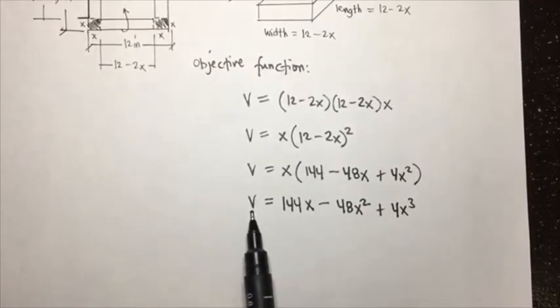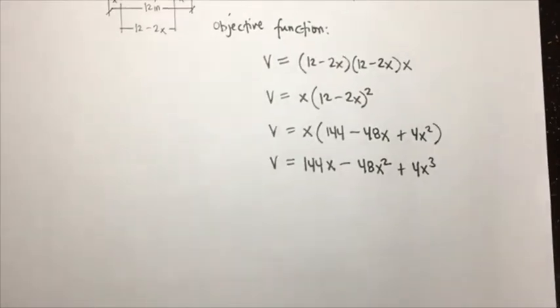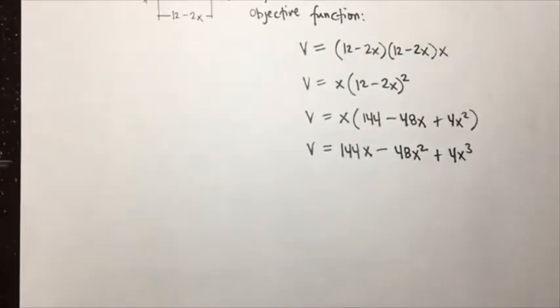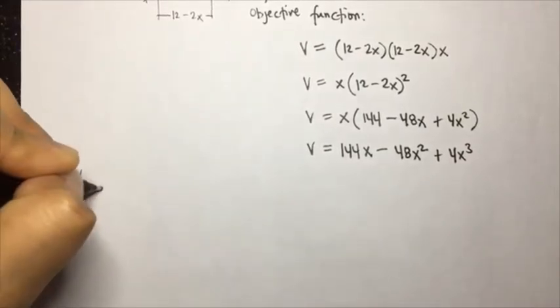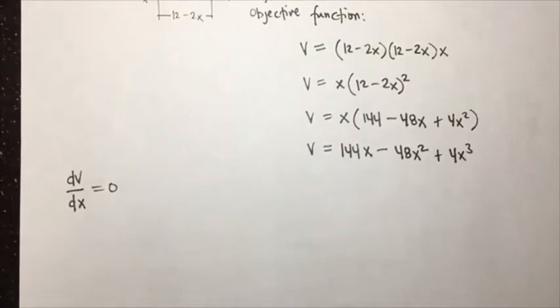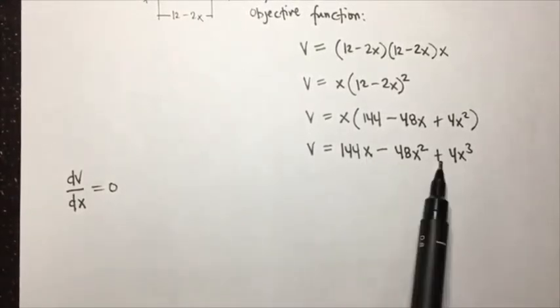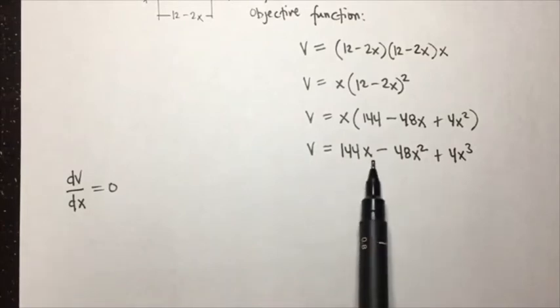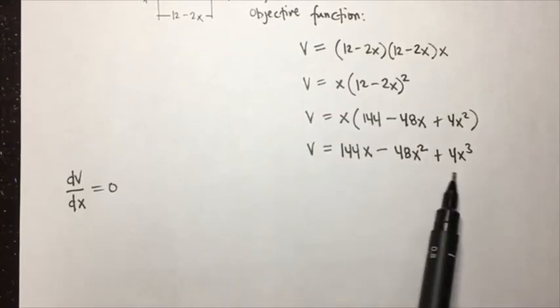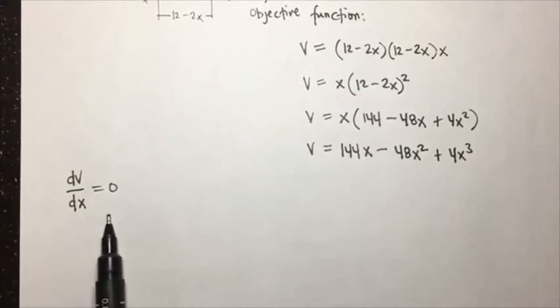So this is now our objective function. We want to maximize V, the volume. So we get the derivative. dV over dx is equal to 0. But before that, notice that our function is expressed in a single variable only, so we can proceed already with the differentiation.